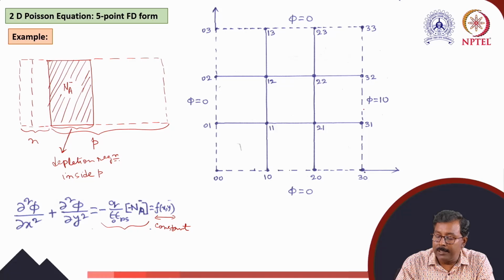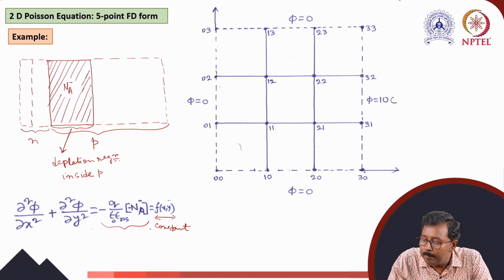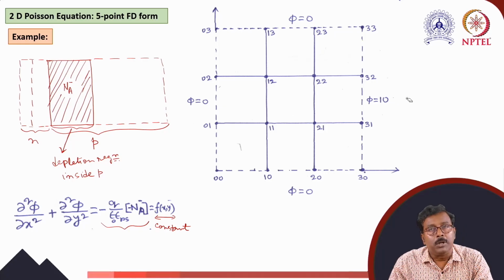But on the right side boundary, let us consider phi is equal to 100. Okay, let us consider 10. No issue. You can consider 100 or 10, but for ease of calculation, we are taking 10.